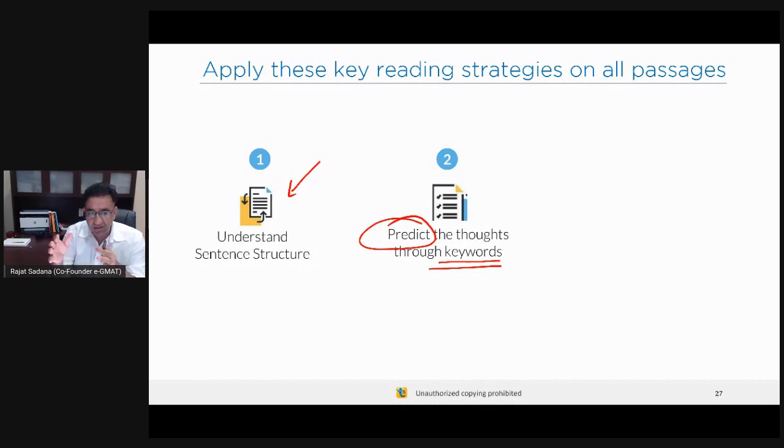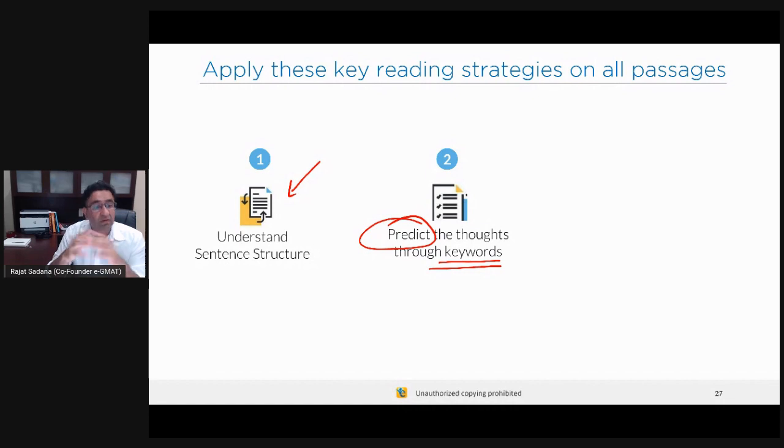Quite often, in an RC passage, the author would start a sentence with words such as although, on one hand, on the other hand, similarly, and so on and so forth. These words are what we call keywords. These keywords could continue the line of thought. These keywords could go in defense against weakness. These keywords could change the line of thought, going in a completely different direction.